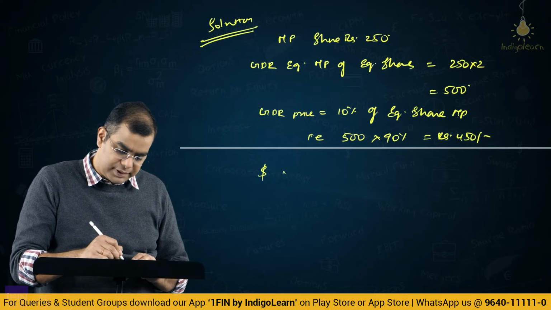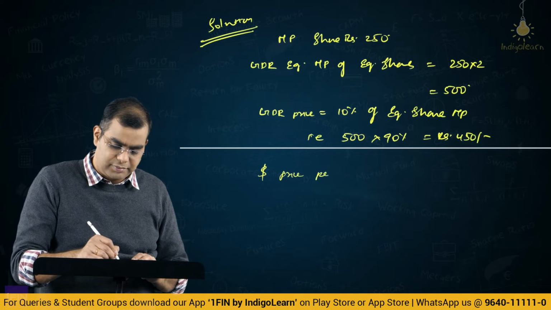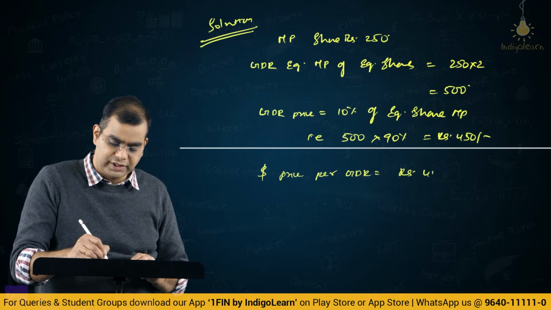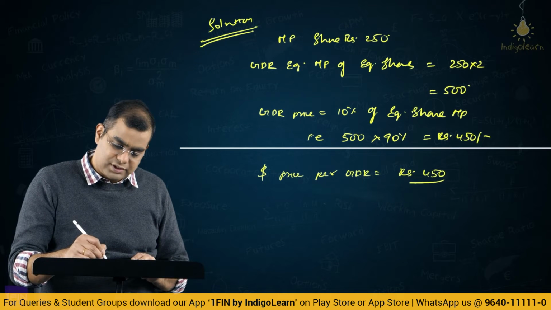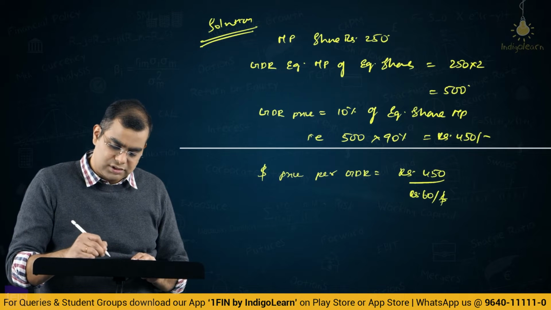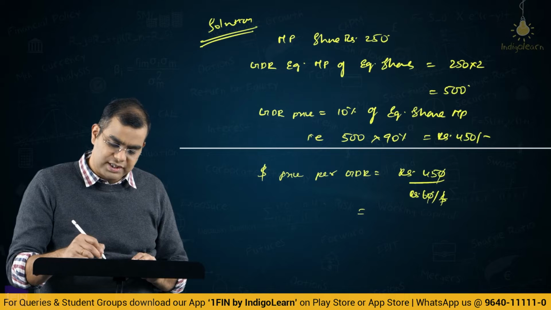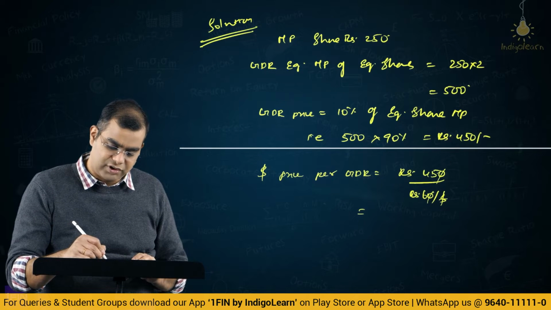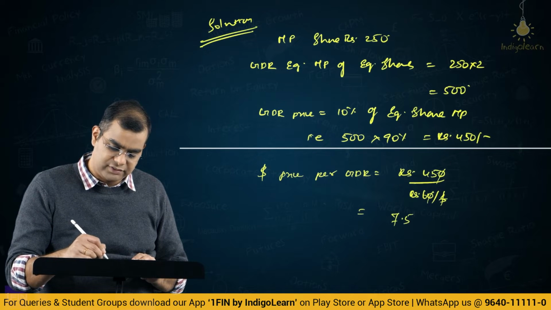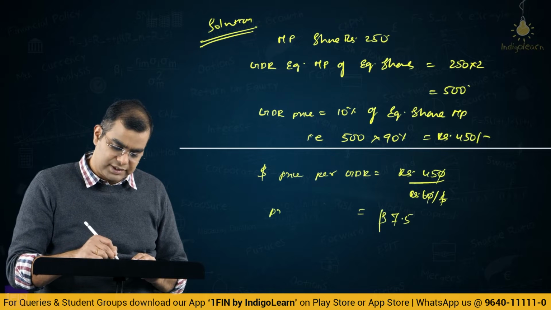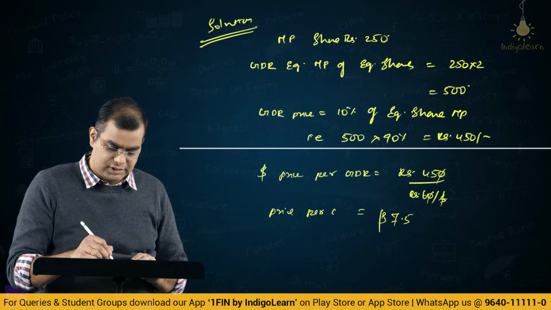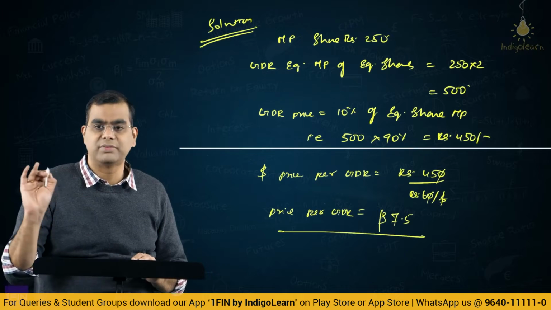So, dollar price per GDR is equal to rupees 450 divided by rupees 60 per dollar. So, 6 goes 7.5 times in 45. So, it is $7.5 price per GDR. This also we have got very simply.